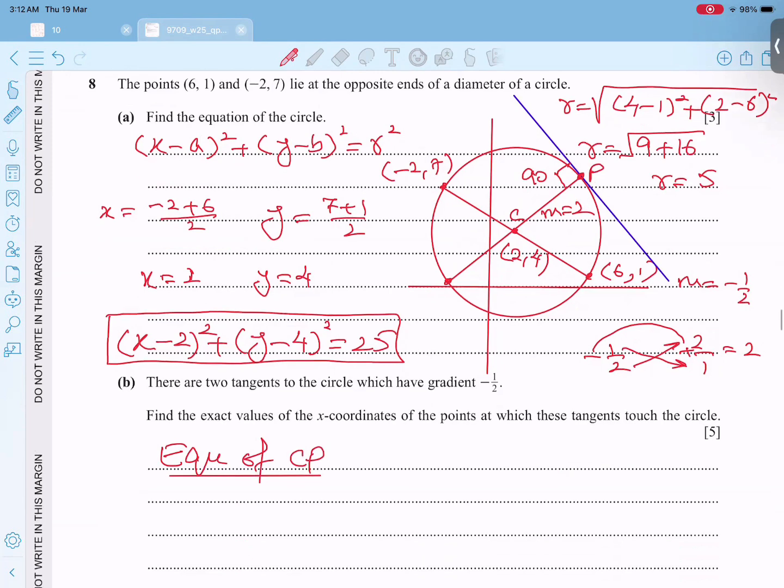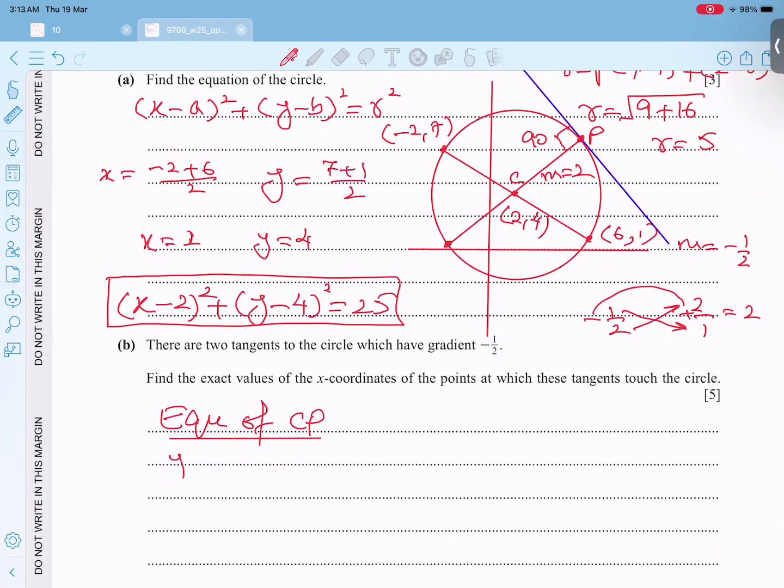Not a hard job for us. y minus y1 equals m times (x minus x1). So this 2 will come in the place of this, and 4 goes here, and this 2 will come in this place. So I find 4 here, 4 here, 2 here, and x minus 2.